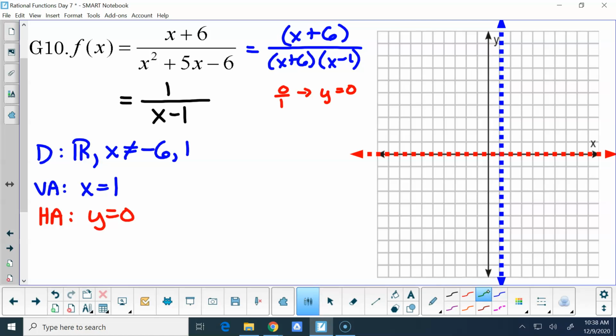Y-intercept. So f of 0 is going to be 1 over 0 minus 1. It's 1 over negative 1, which is just negative 1.